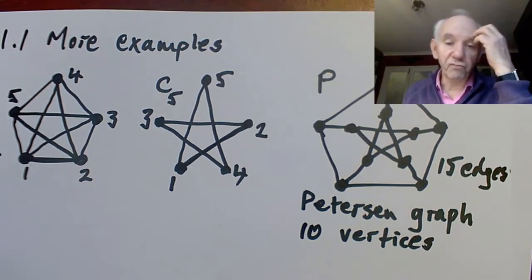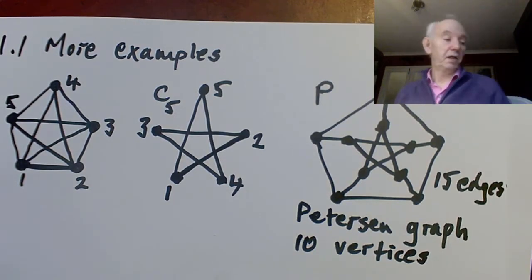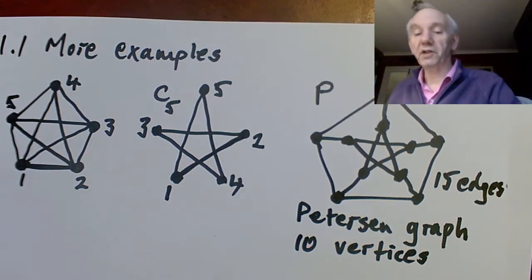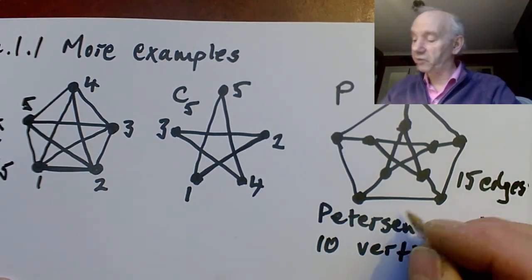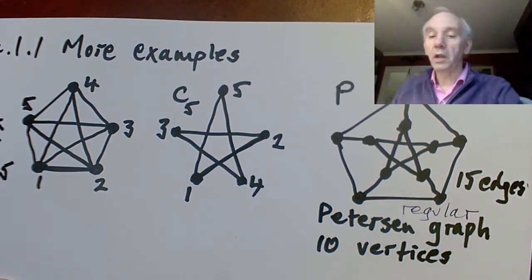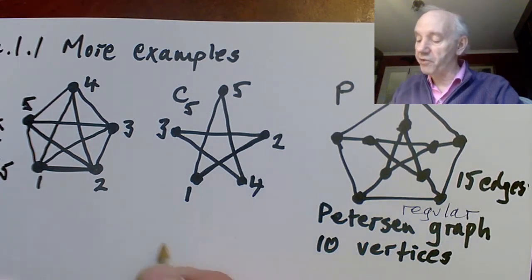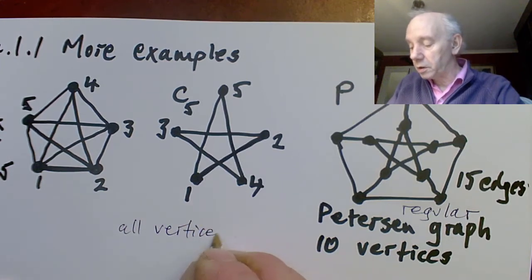It's an example of a regular graph, as of course the other 2 were, because all the vertices have the same degree. They're all going to have degree 3. Let me write, I'm going to change pens now. So this is an example of a regular graph. It's regular, because regular means that all vertices have the same degree, which here is 3.